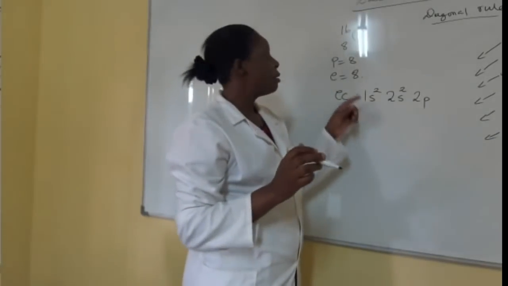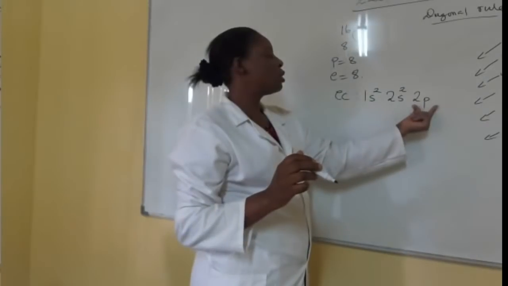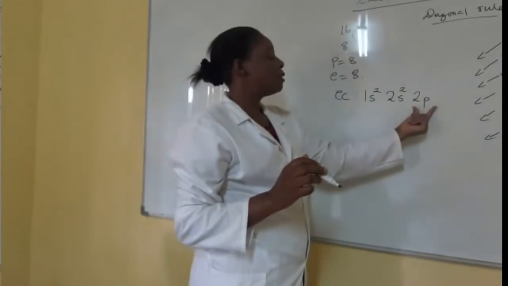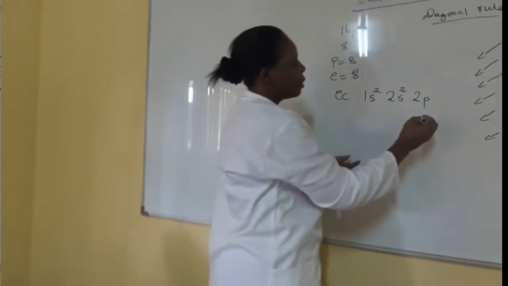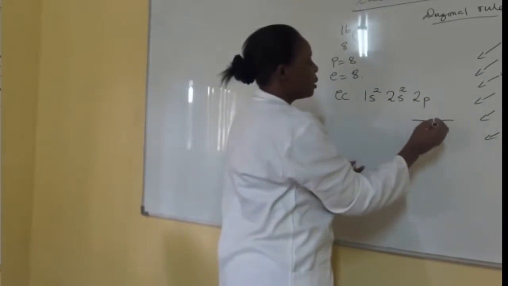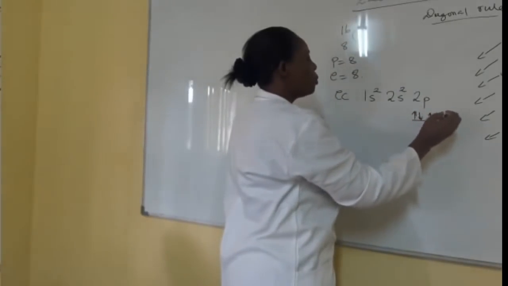How many is the maximum number of electrons which the p orbitals can accommodate? We have 3 p orbitals, so each of these can have 2, 2, 2.